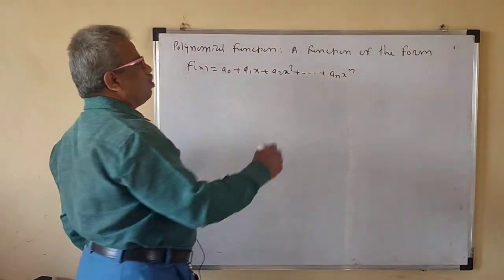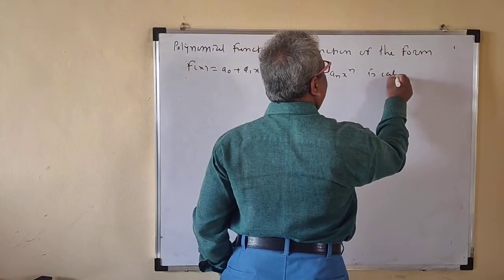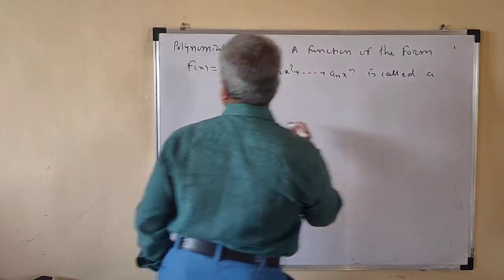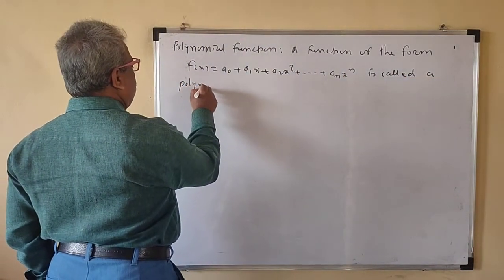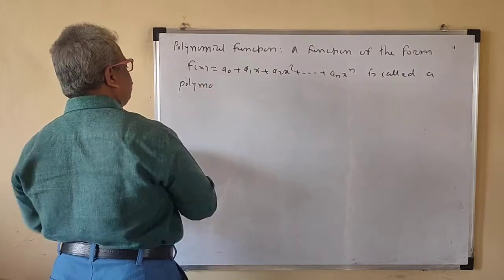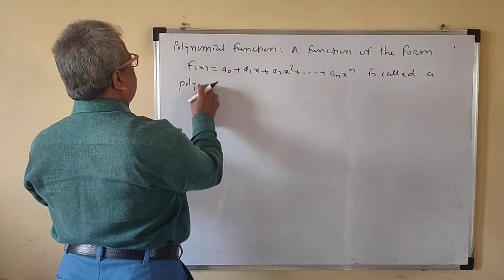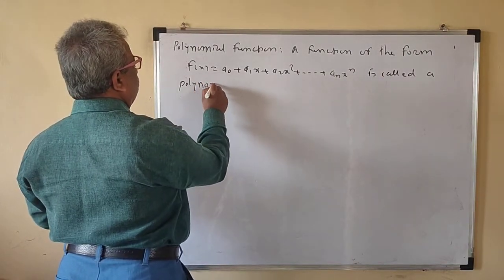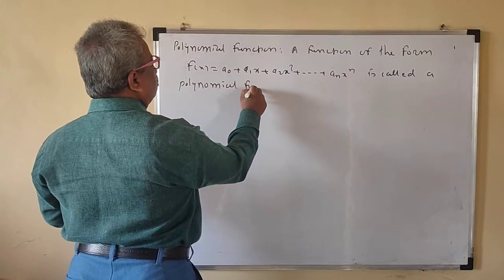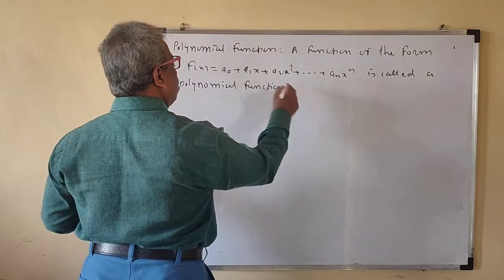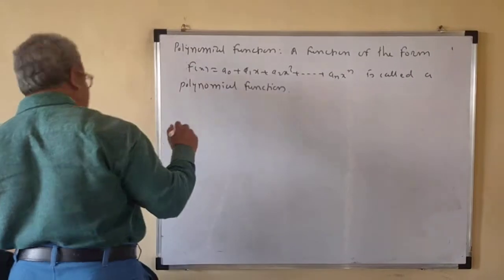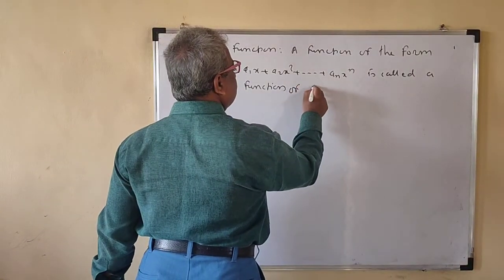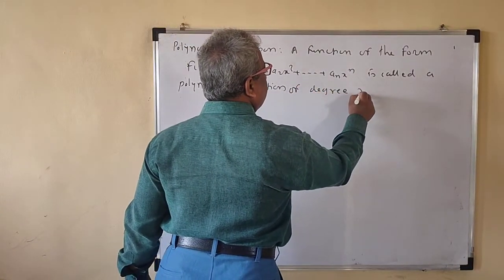So it's called a polynomial function of degree n.